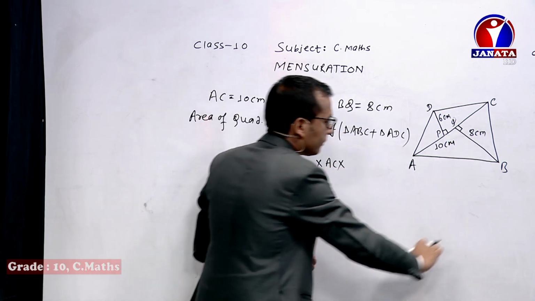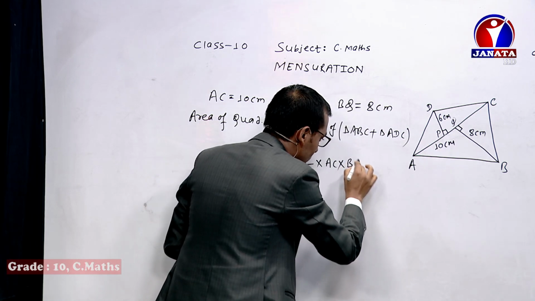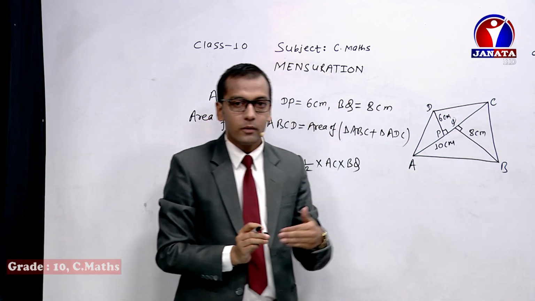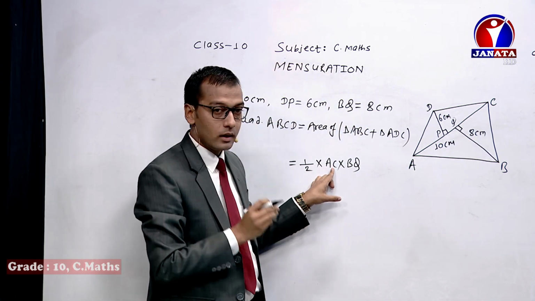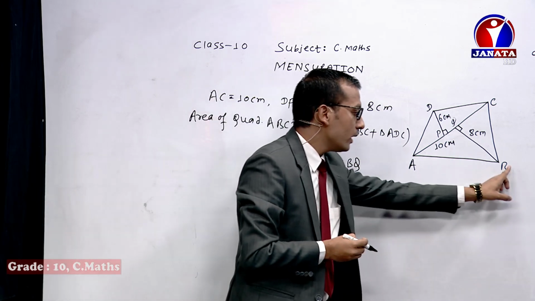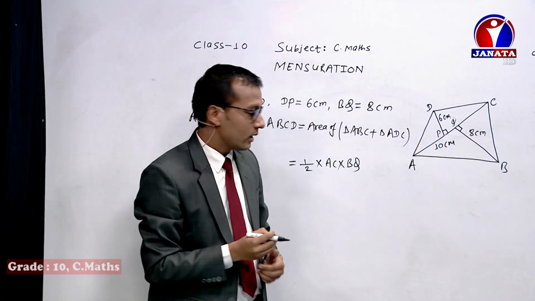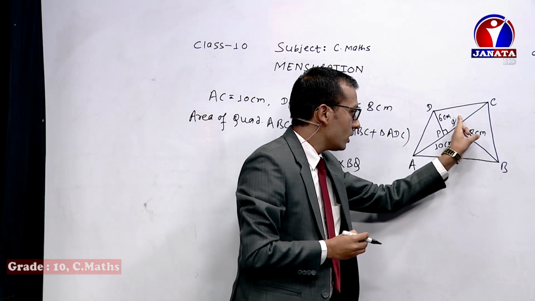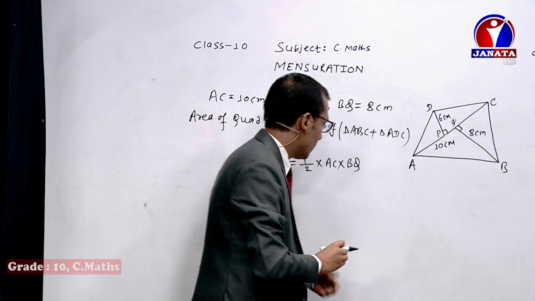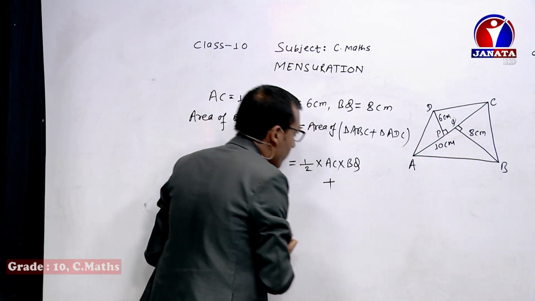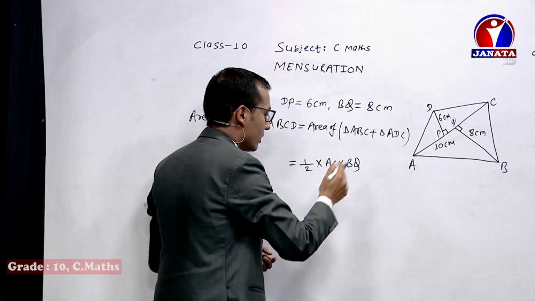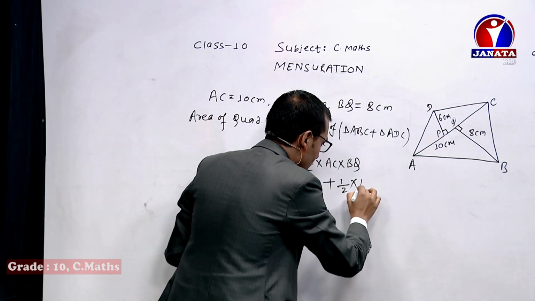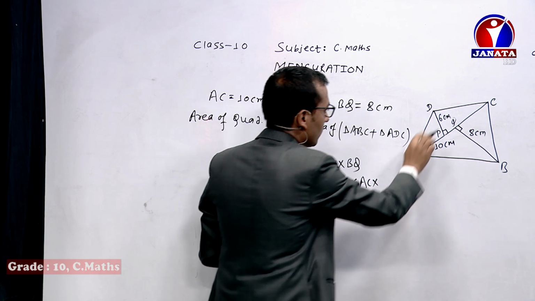So 1/2 times AC times BQ is the area of triangle ABC. The height is the perpendicular BQ, and the base is the line on which the perpendicular is drawn. Plus the area of the upper triangle, which is the same: 1/2 of base AC times height DP.